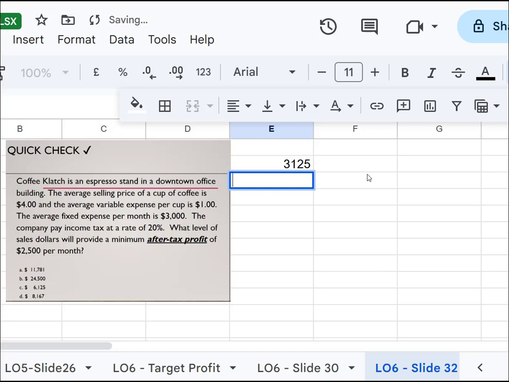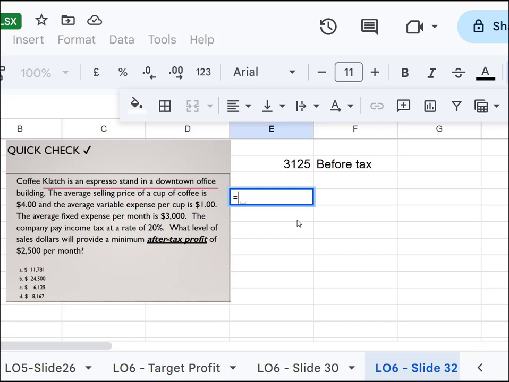Great. So our before-tax profit to yield 2,500 after tax is going to be 3,125. So that's our before tax. Now, because all of our other factors and figures are before tax, in order to find out how many sales dollars I will have to do, I am going to go back to what we just did before.